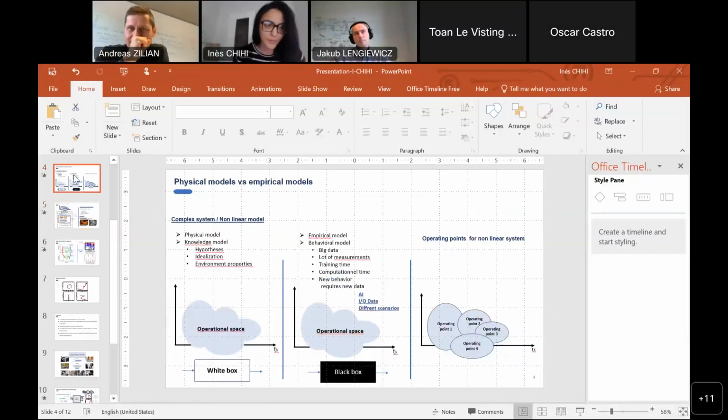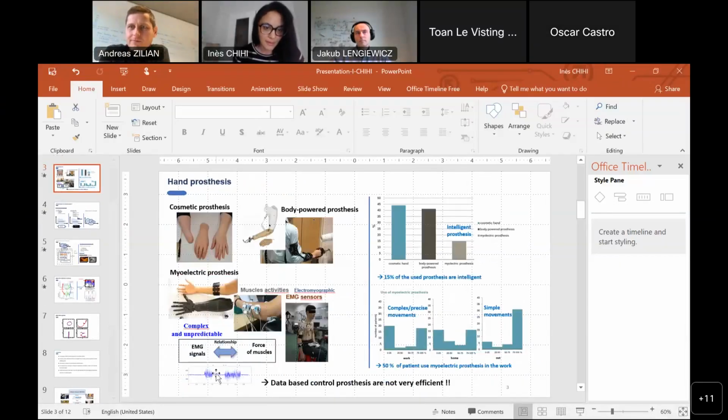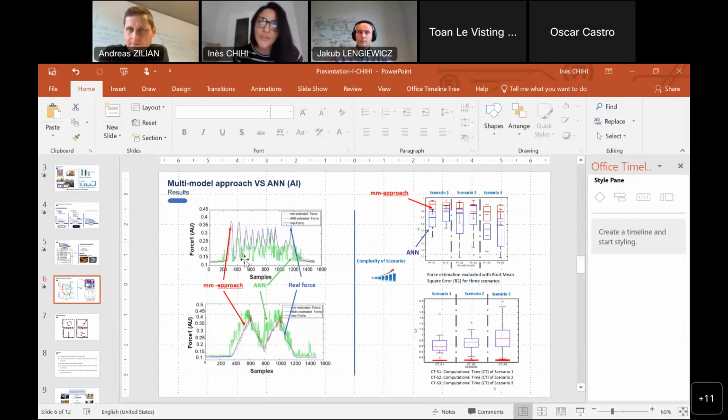Yeah, I will show you an example of the input. This is an example of the input, the EMG signal. And here, the smooth one is the output, the muscle force, okay? So here the muscle force is smooth, but the input is not smooth. From the input, I will predict the output, okay?